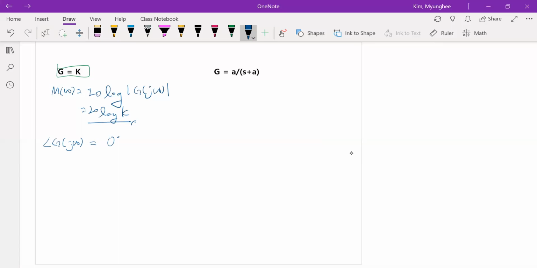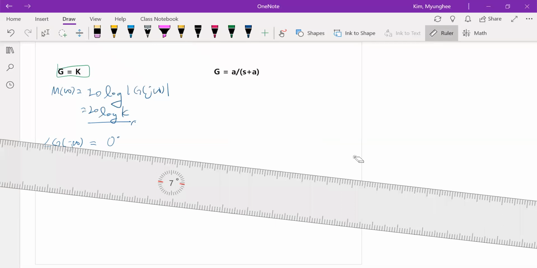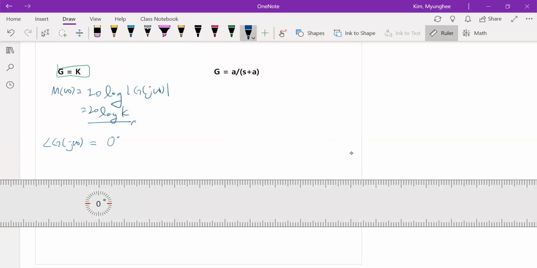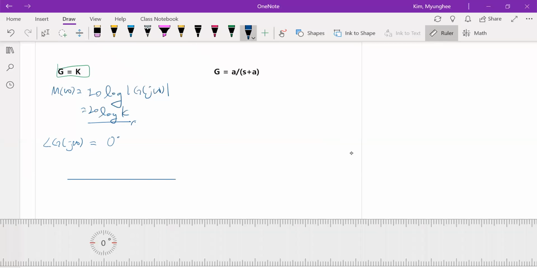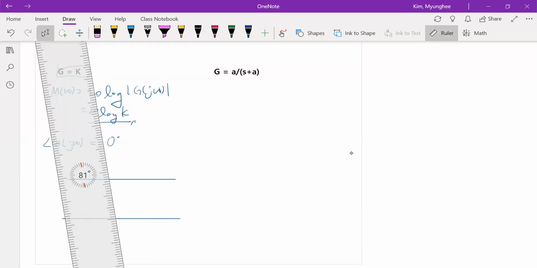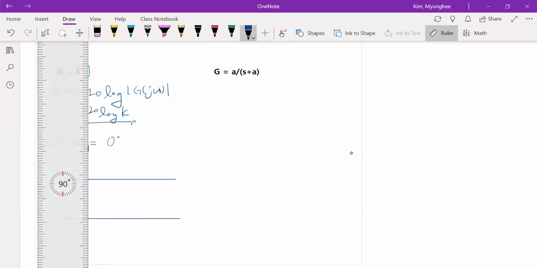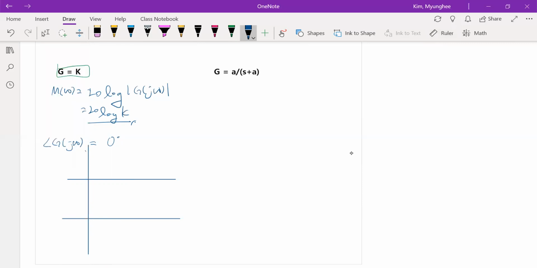So for this K, the Bode plot will be as simple as this. Let's say this is magnitude, and then this is angle.